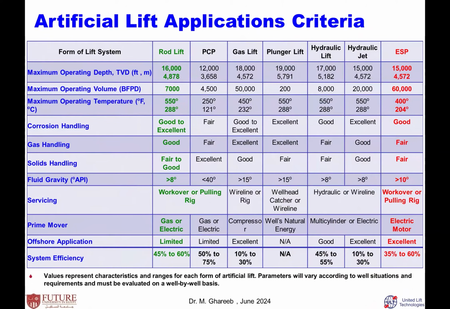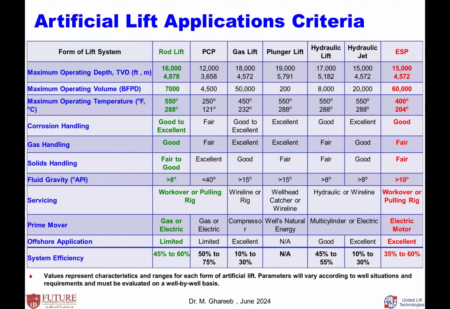The downhole equipment can sometimes be adapted to high temperatures, but usually it's not preferred to use ESP for high temperature unless we use certain techniques to cool the downhole equipment or motor. It's good for corrosion, using a special type of material.